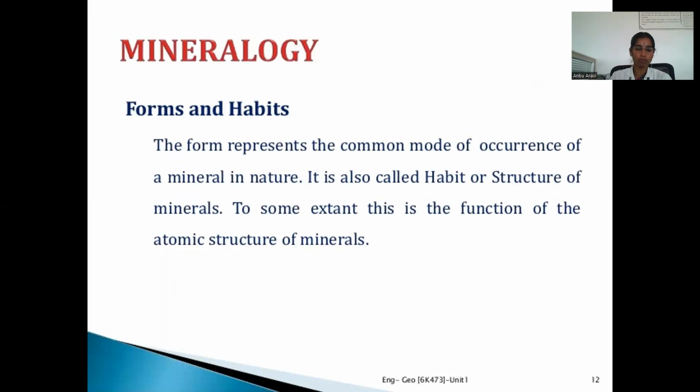First, we see forms and habits of minerals. Forms or structure habits. Form represents the common mode of occurrence of a mineral in nature. It's also called habit or structure of minerals.